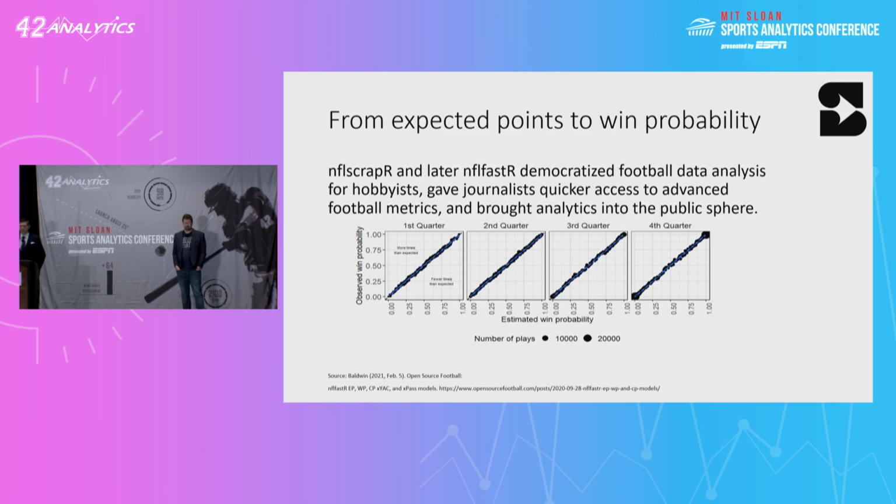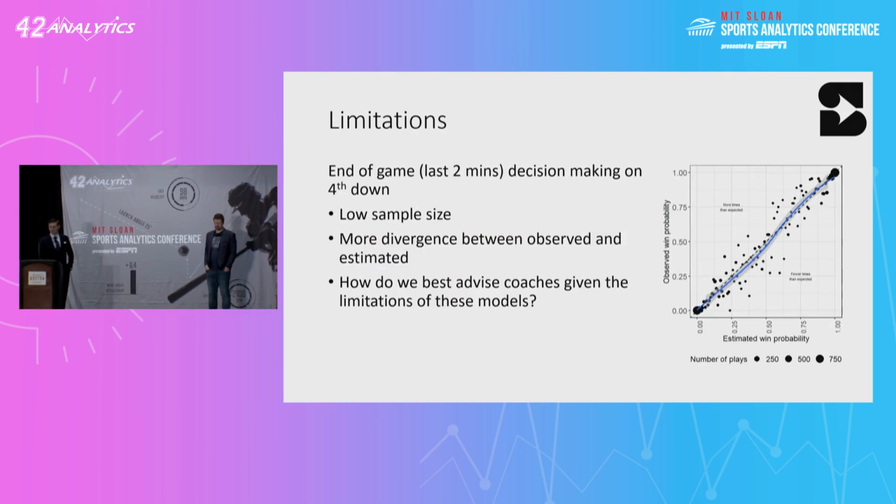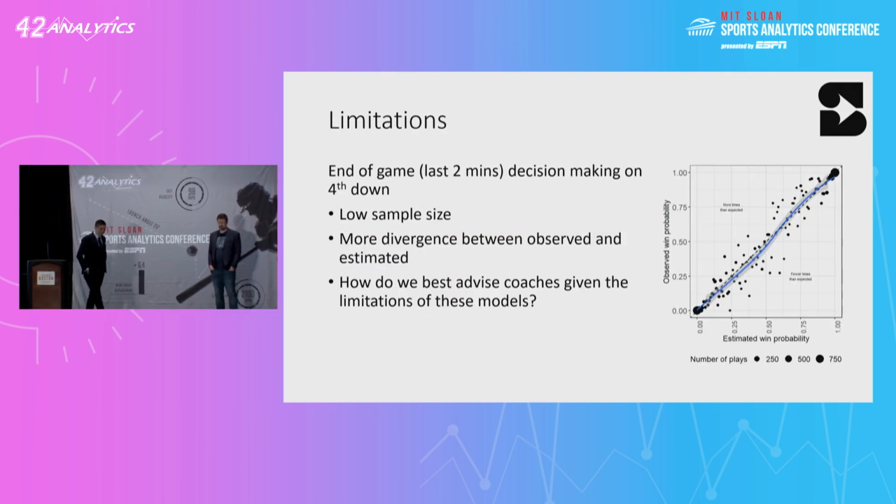We don't see a whole lot of patterns in the residuals that should concern us until we get to the end of the game. And where we see issues is on 4th down decision making in the last 2 minutes, which is an extremely low sample size. We see a lot of divergence away from expected versus reality, and win percentage swings as much as 25 to 50%.